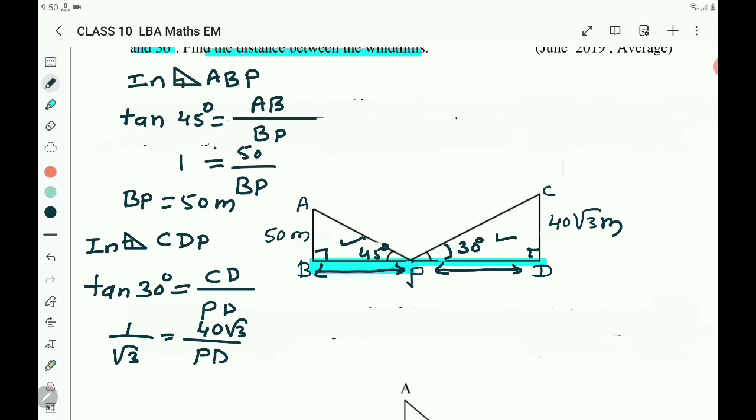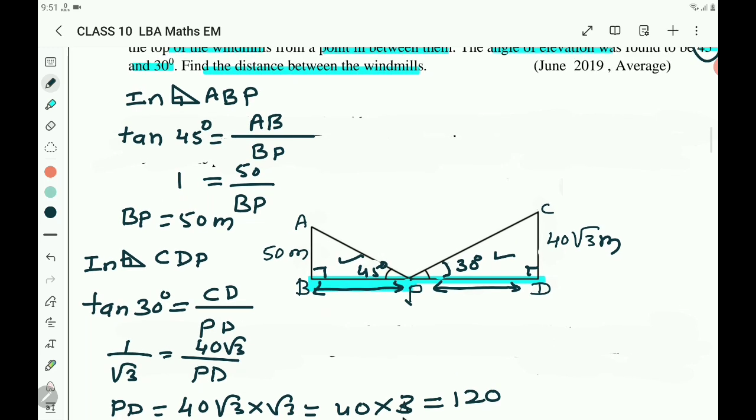Do the cross multiplication, 1 into PD equals 40 root 3 into root 3. 1 into PD is PD is equals to 40 root 3 into root 3. 40 root 3 into root 3, that equals 40 into 3, which is 120 meter.